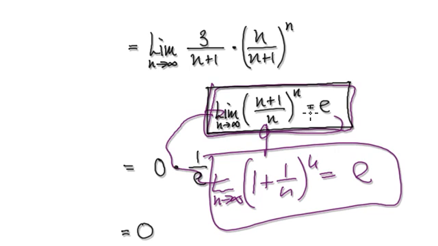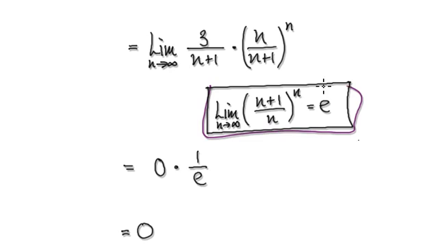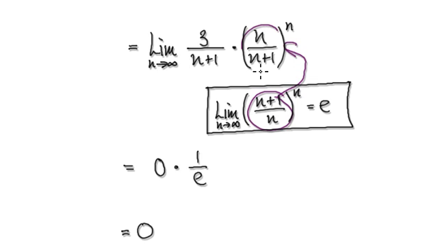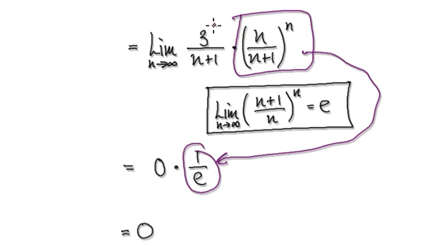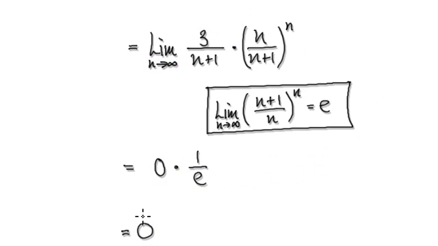Anyway, in the previous video, we've seen that this thing here equals e. Now, this is a reciprocal of this. So we've seen that the limit of this is 1 over e, and this thing here, as n heads towards infinity, would be 0. So 0 times this thing would be 0. So the limit is actually 0.